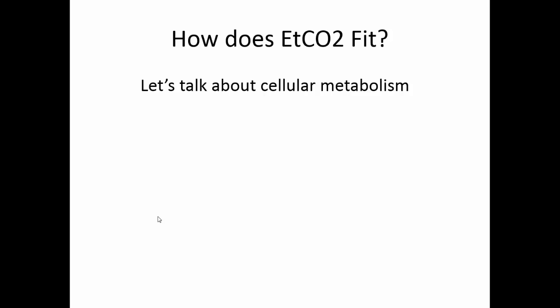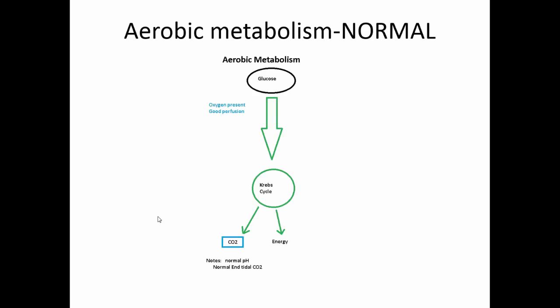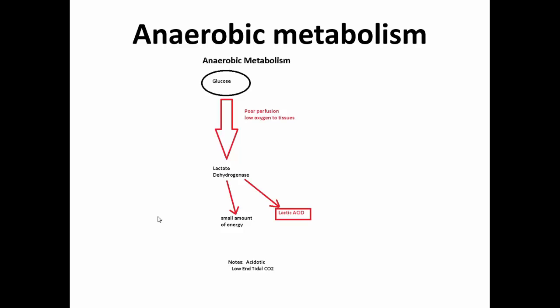Well, let's start by talking about cellular metabolism. Remember before we talked about normal metabolism, glucose goes through the Krebs cycle, you get CO2 and energy. The pH is normal, end-tidal CO2 is normal. When perfusion is poor, that means you don't get enough oxygen to tissues.